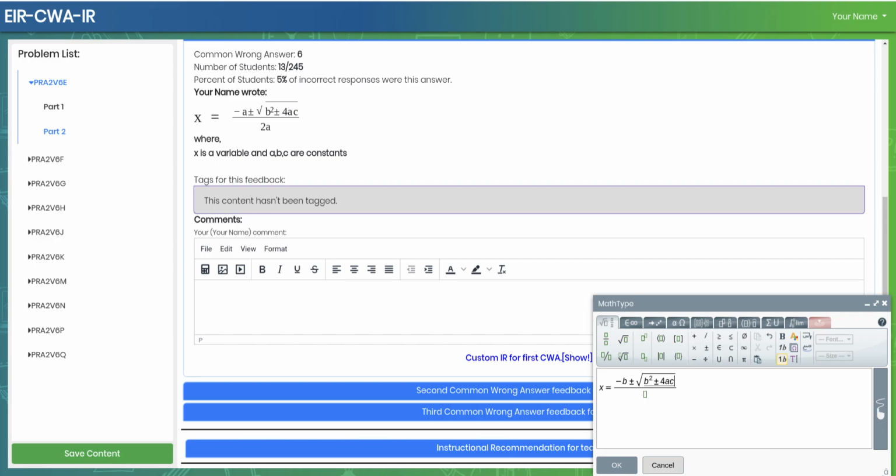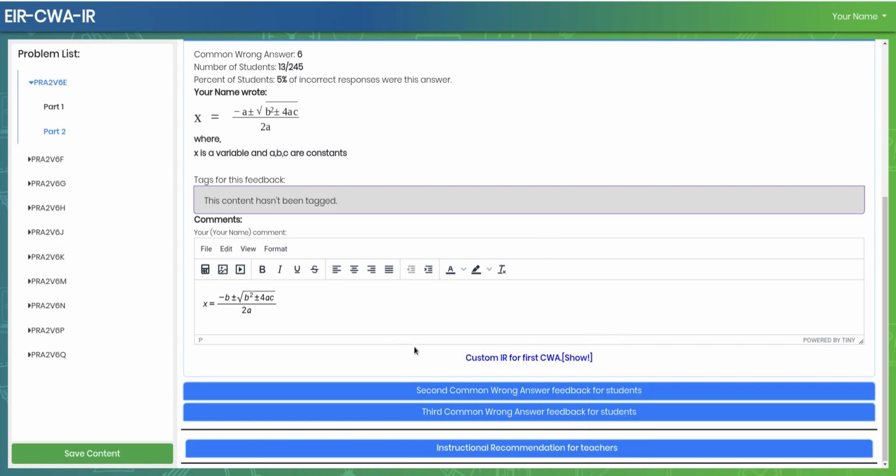I clearly picked the wrong equation because this equation is too long, at least when it comes to typing it. And if it were Hillary or Tina writing this, they would probably write some feedback text as well. So it would look something like this.